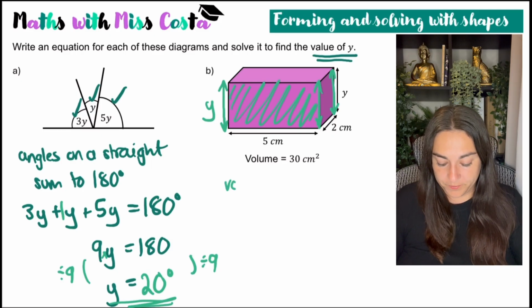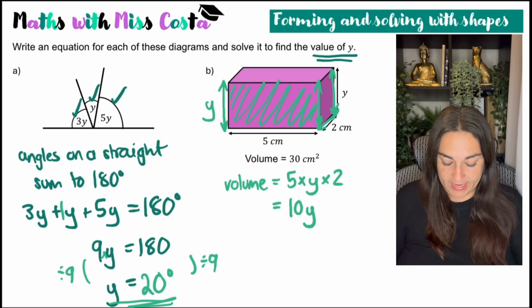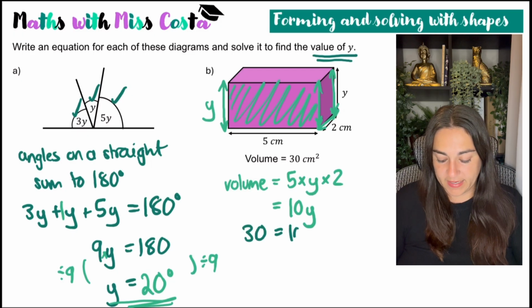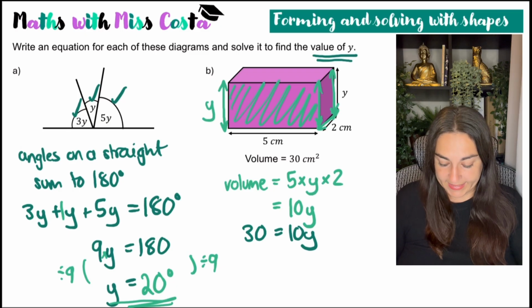So the volume is going to be 5 times by y, which is the area of the cross section, and then I times that by the depth, which is 2. So that's going to give me 10y, and they've told me that the volume is 30. So I know that 30 is equal to 10y, and to figure out what one lot of y is, I'm going to need to divide by 10. So 30 divided by 10 is 3, so y is 3.